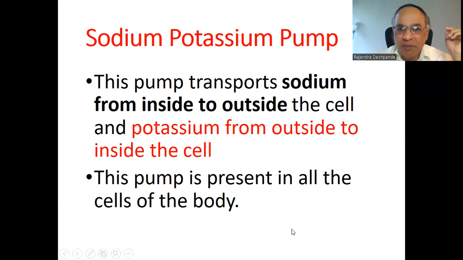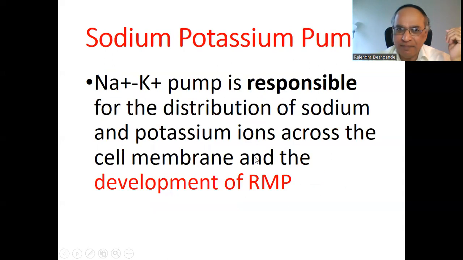This pump is present in all cells of the body. It is not only in the skeletal muscle. Everywhere the sodium and potassium ions are exchanging, from outside to inside and inside to outside. The NaK pump is responsible for the distribution of sodium and potassium ions across the cell membrane. Why is this transport needed?